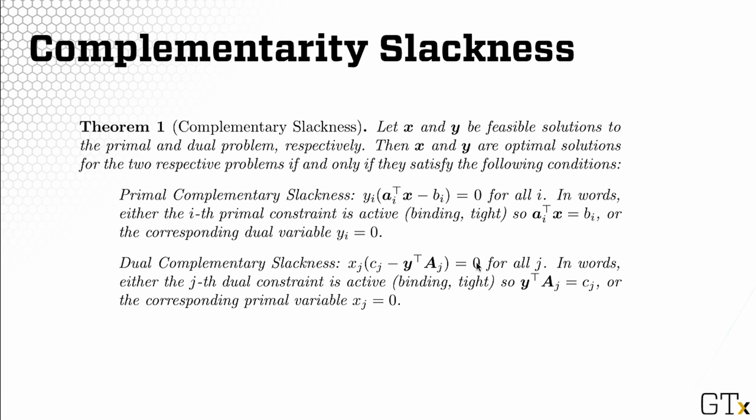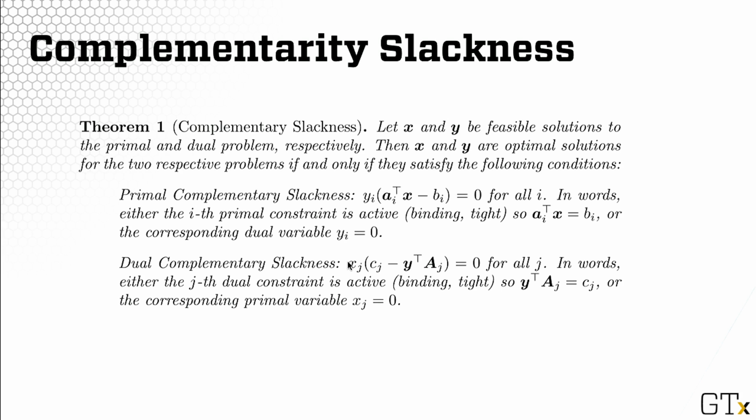Again, there can be only two cases. Either this dual constraint is active at the current dual variable, in which case the product is 0, or if that dual constraint is not active, then the corresponding primal variable has to be 0 if the primal and dual variables are both optimal. So this is called the dual complementary slackness condition.